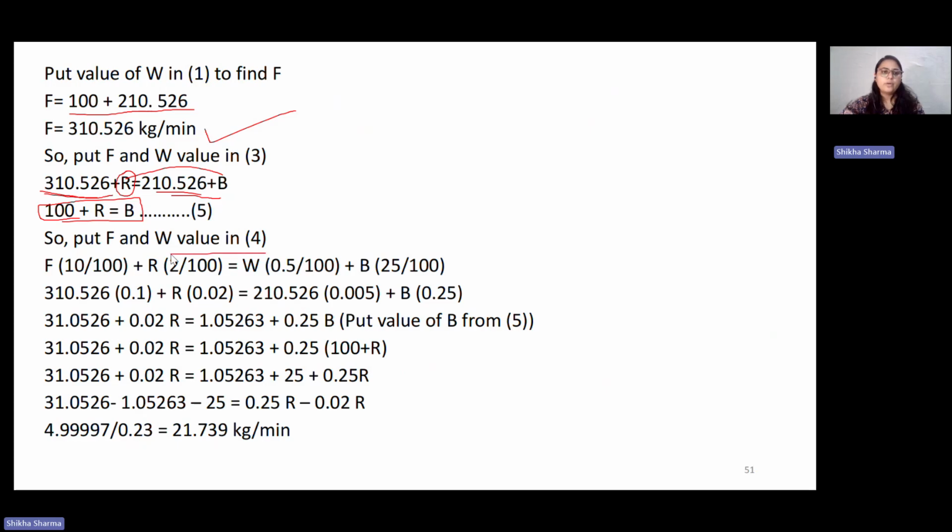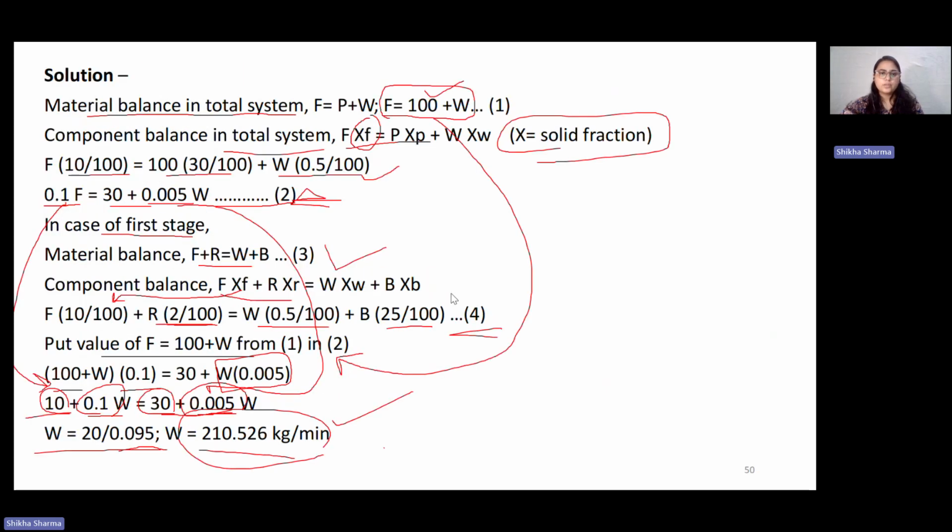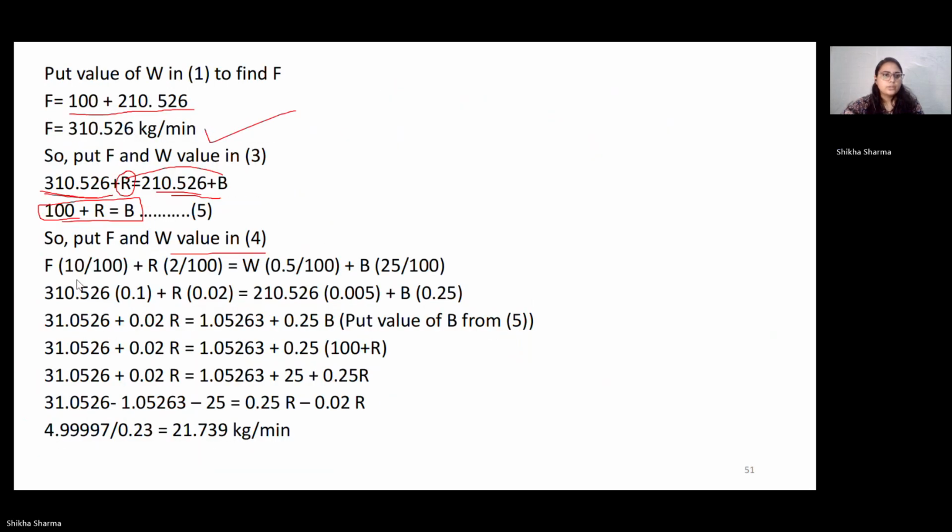Also we can put the values of F and W in equation 4. So F into 10 by 100 plus R into 2 by 100 equals W into 0.5 divided by 100 plus B into 25 by 100.